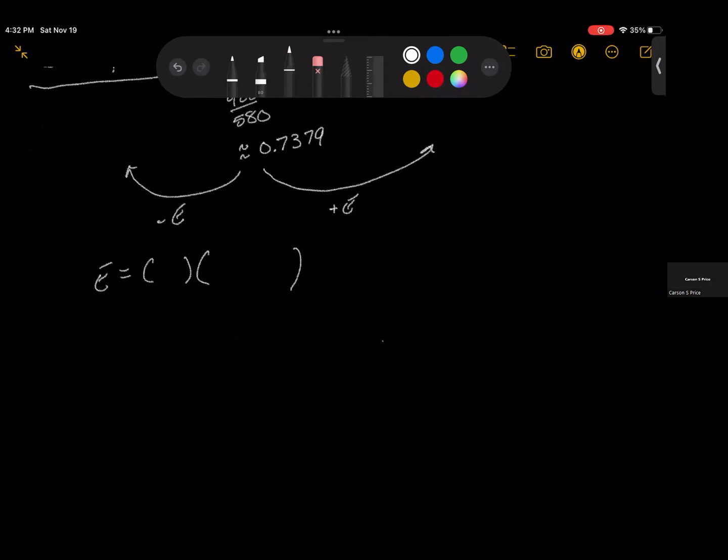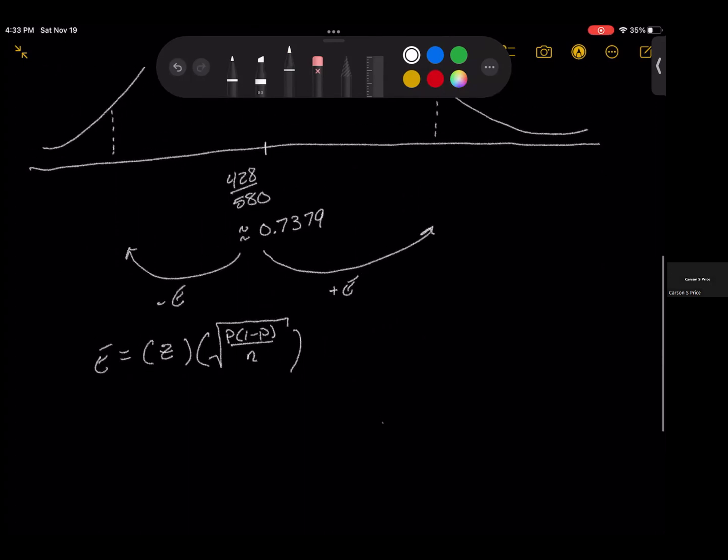We just use different critical values and different standard deviations. So for proportions, the critical value is going to be a z-score, and the standard deviation of the proportion is the square root of p times 1 minus p all over n, where these p's come from where I chose to center my curve, the center proportion of that distribution.